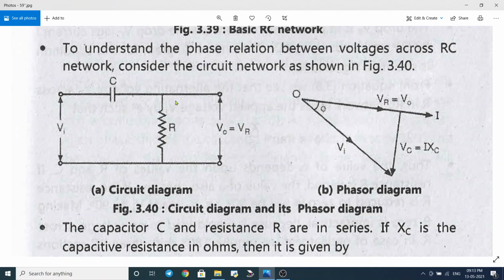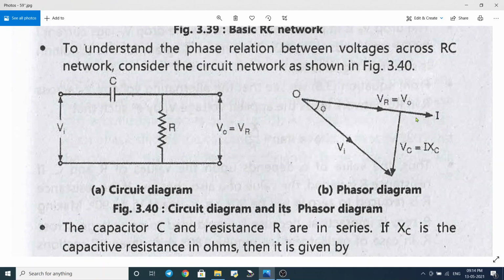A capacitor and resistor RC network. One RC network should produce a 60 degree phase shift. The phase shift means the phase difference between the... see here, the current and voltage across the resistor are in the same phase.